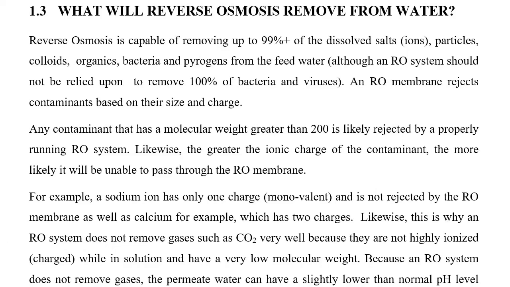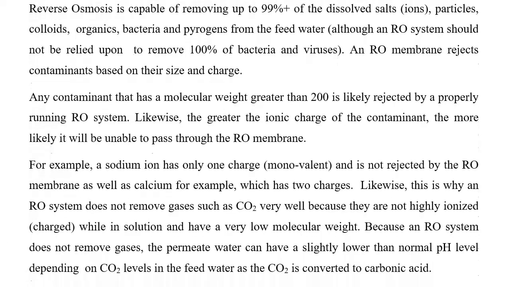This carbonic acid is the reason for the slightly lower pH value of the RO treated water. So sometimes RO treated water will feel a little acidic, because of the carbonic acid formed due to the dissolution of CO2, that is, carbon dioxide gas, in water.